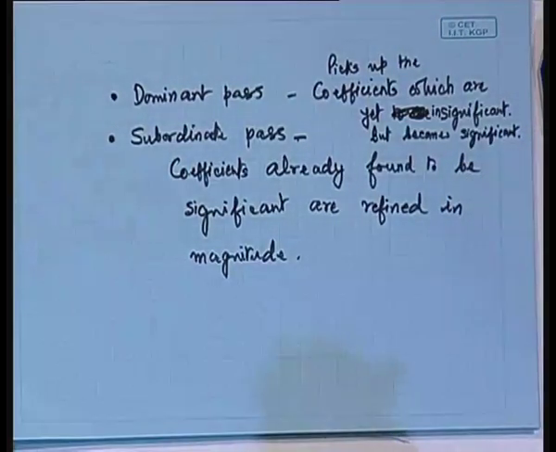So this is the way whereby the dominant pass will be followed by the subordinate pass, and then again we will reduce the threshold by a factor of 2, and once again carry out a dominant pass and subordinate pass. We will keep on repeating this.